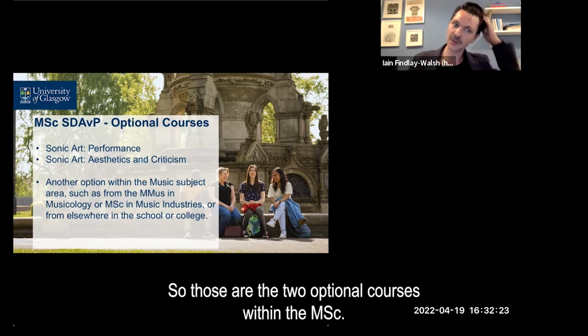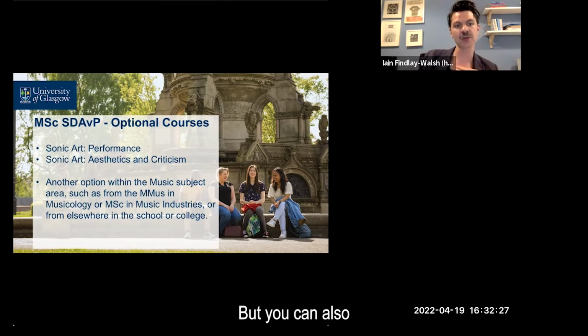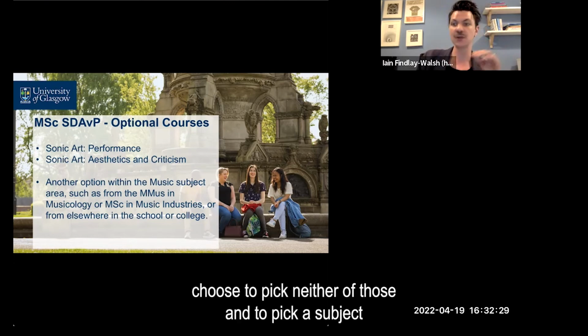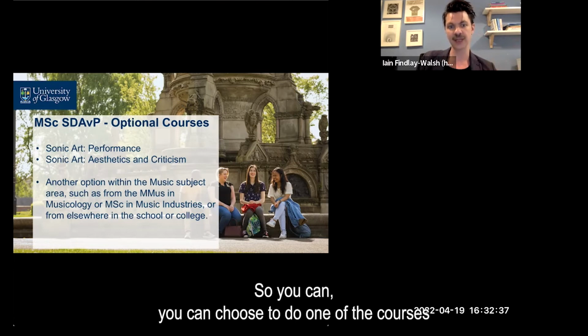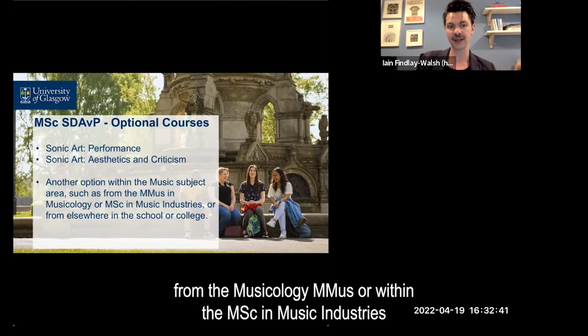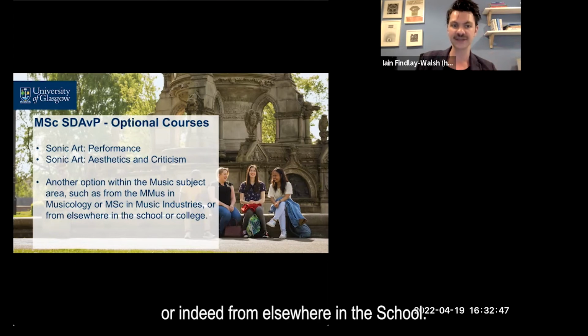So those are the two optional courses within the MSc, but you can also choose to pick neither of those and to pick a subject or subjects from other areas within music. So you can choose to do one of the courses from the musicology MUS or within the MSc in music industries, or indeed from elsewhere in the school.